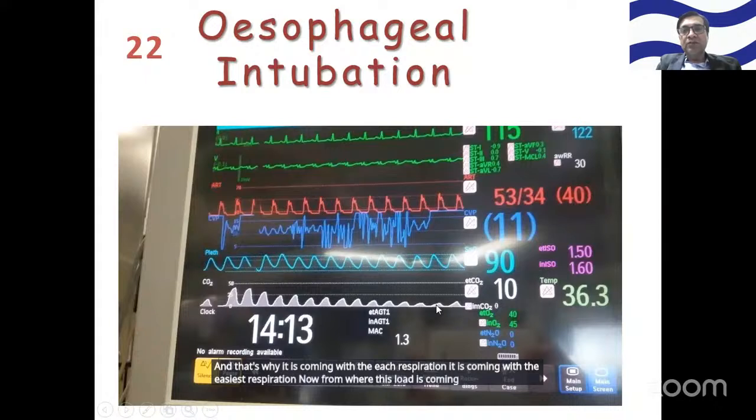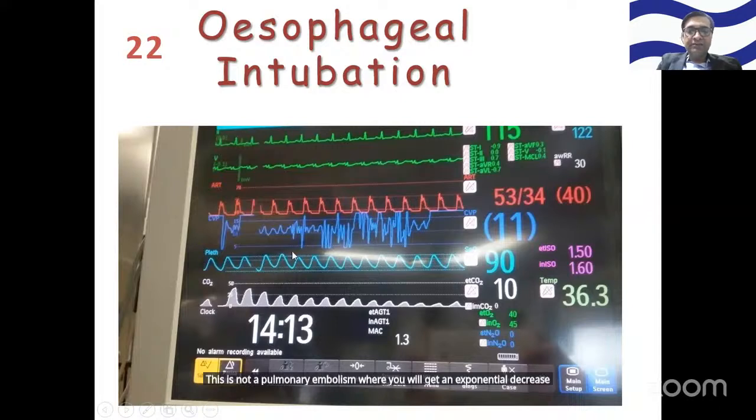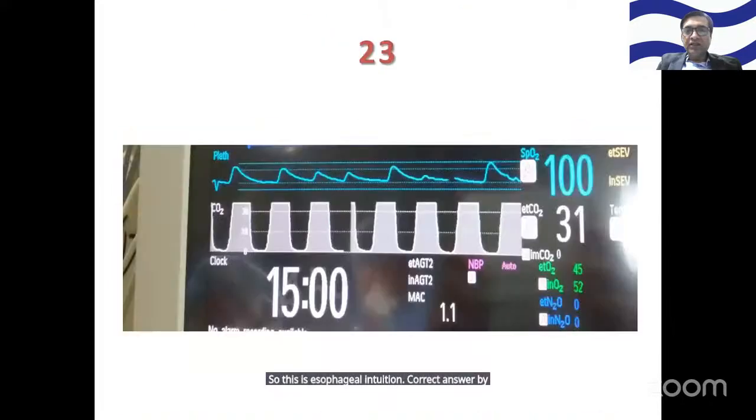Some amount of CO2 is produced in the stomach, which is bringing this out, and it is coming with each waveform, right? So this is the classical case of esophageal intubation. This is not a pulmonary embolism, where you will get an exponential decrease over 1 or 2 minutes, right? So this is esophageal intubation. Correct answer by Aza Gurani. Okay, what could be this diagnosis?